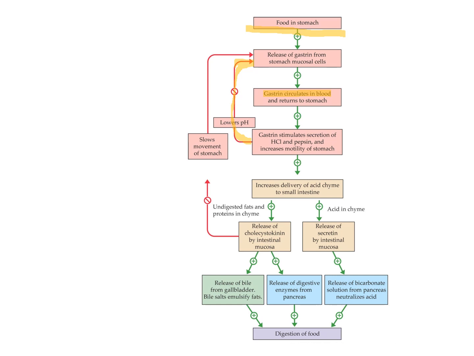The arrival of chyme into the duodenum causes a drop in the pH because the chyme is quite acid, and that will trigger the release of secretin, another hormone.